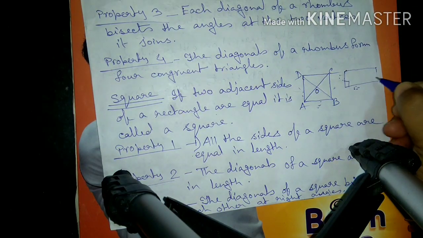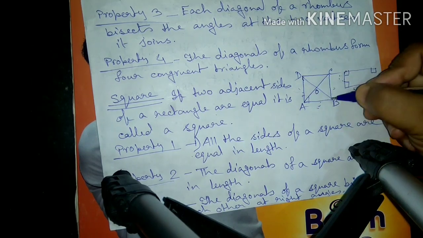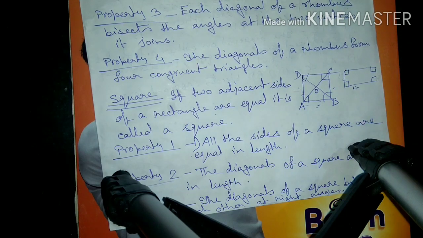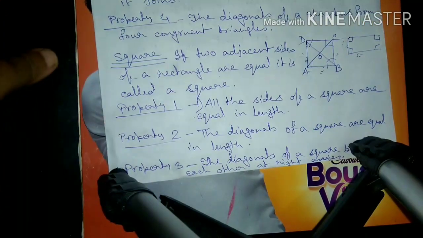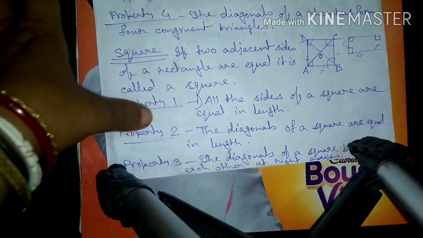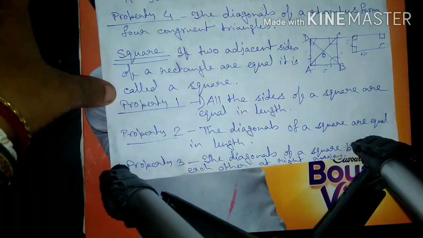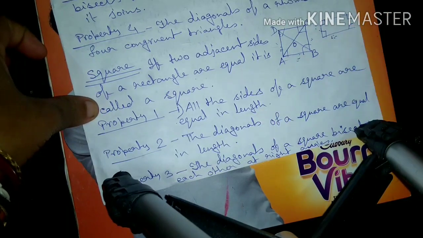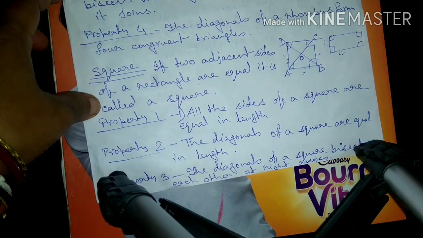In a rectangle the interior angles are 90 degrees. In a square also the interior angles are 90 degrees. So along with the rectangle's properties, there are some other properties, the extra properties of a square. All the sides of a square are equal in length. Then the diagonals of a square are equal in length.